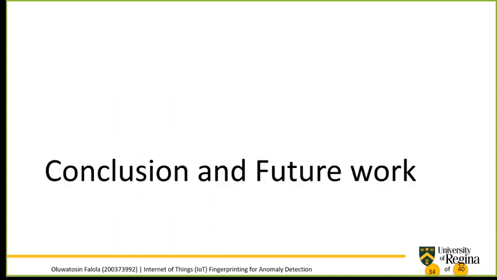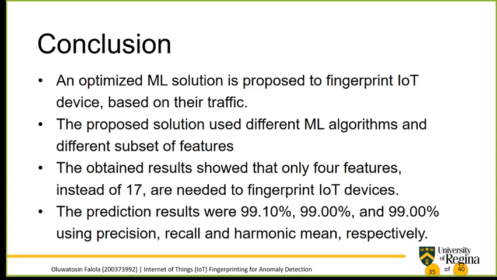Now, conclusively, I will say that an optimized machine learning solution is proposed to fingerprint IoT devices based on their traffic. The proposed solution used machine learning algorithms on different subsets of features.